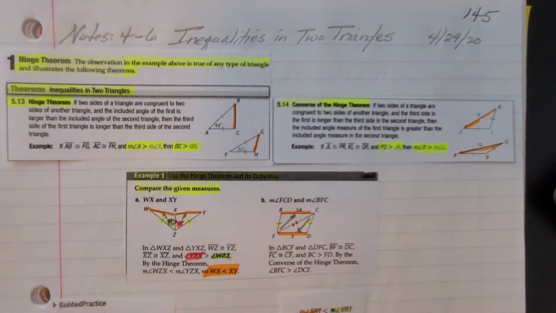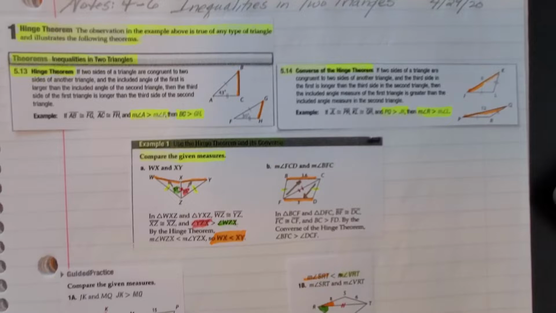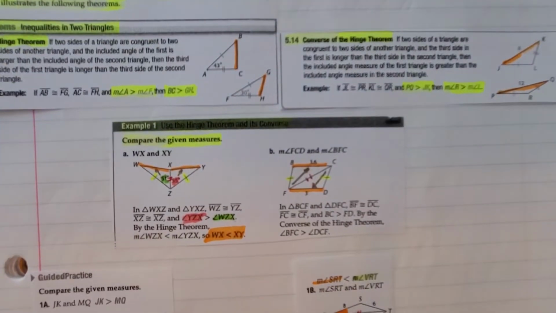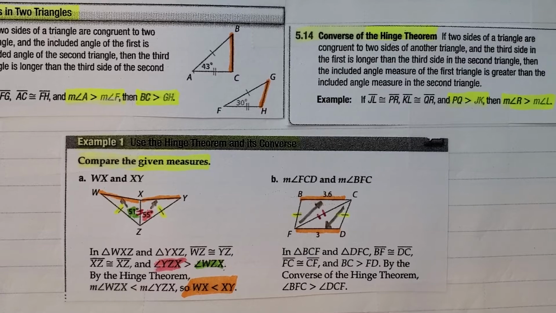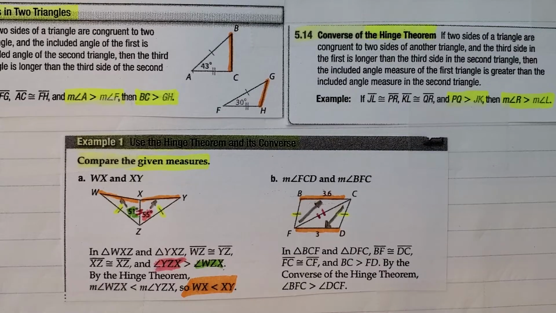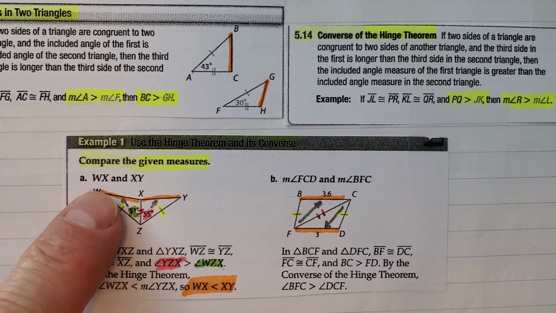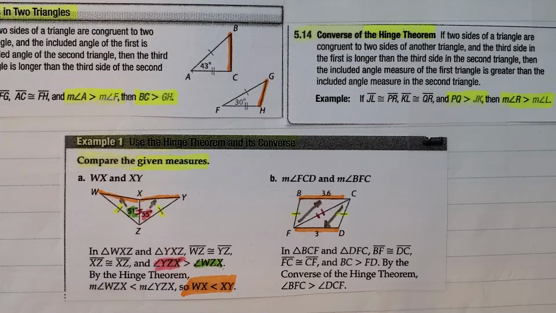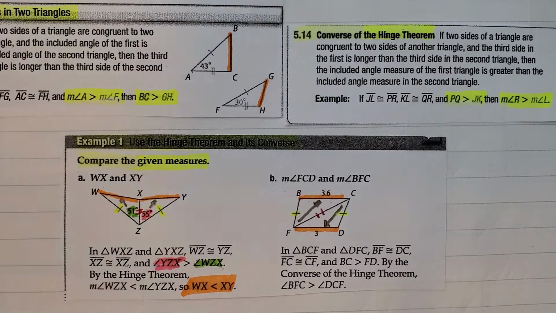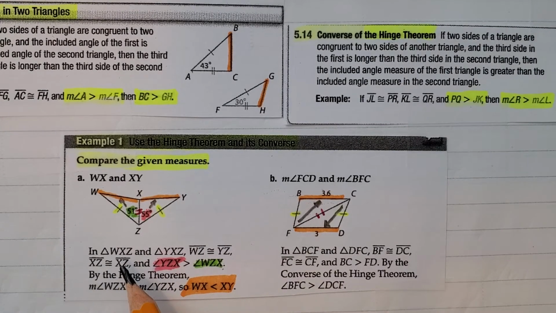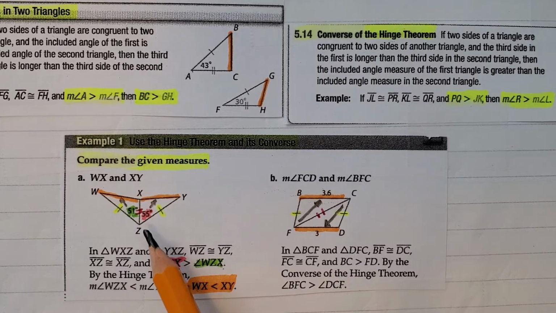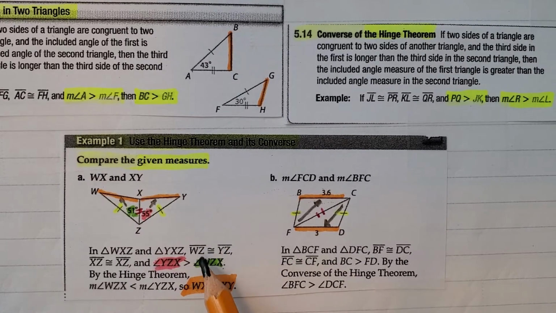So now let's do a couple examples. I'm going to zoom in a little bit more on this so you might be able to see it better. Okay? So in this case, we want to compare the given measures. What is true about WX and XY, the things in orange? It says the triangles are congruent, but they can't be congruent because the angles aren't.